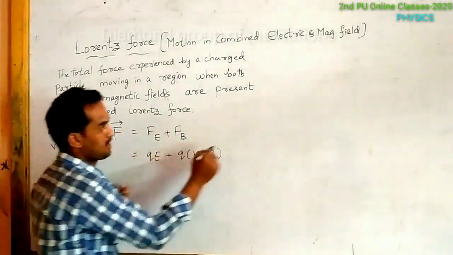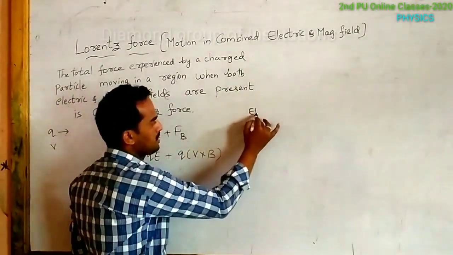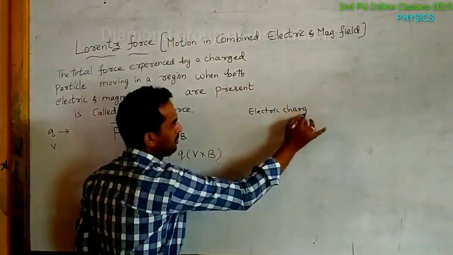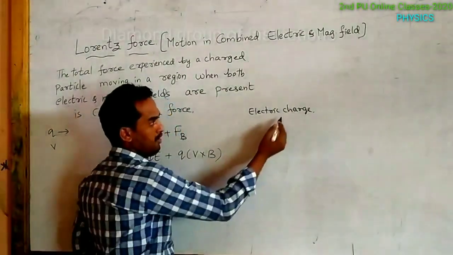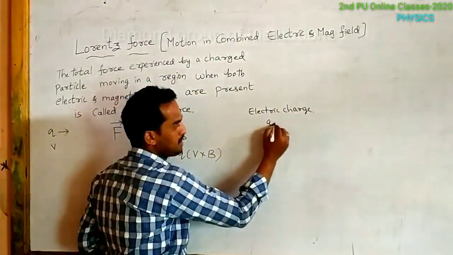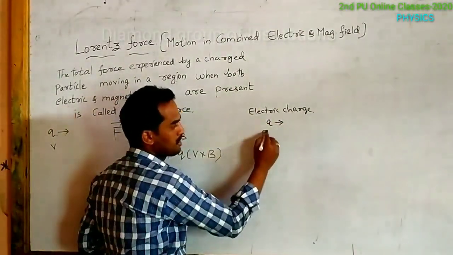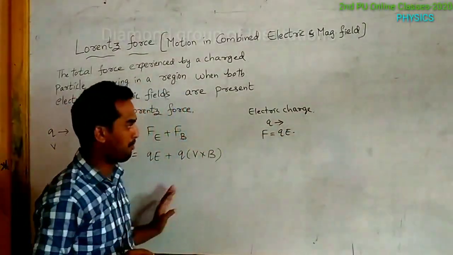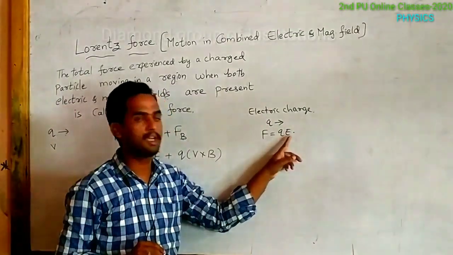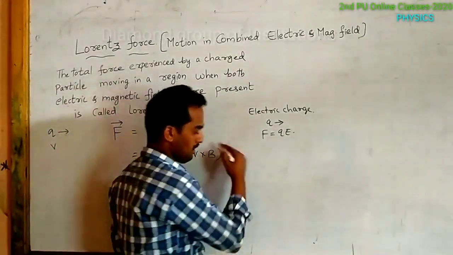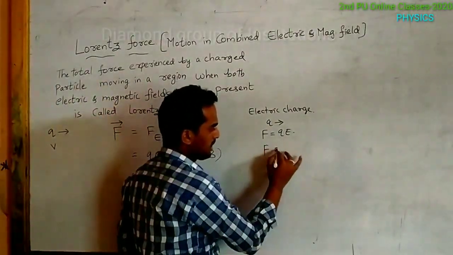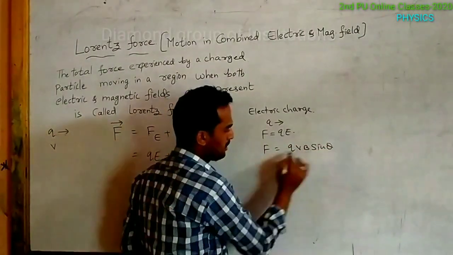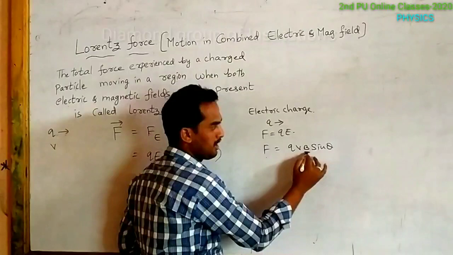In the first chapter, on electric charge, we studied that the force experienced by a charged particle in an electric field is F equals Q into E. And in previous sessions we studied QVB sin theta, the force when we apply a magnetic field.